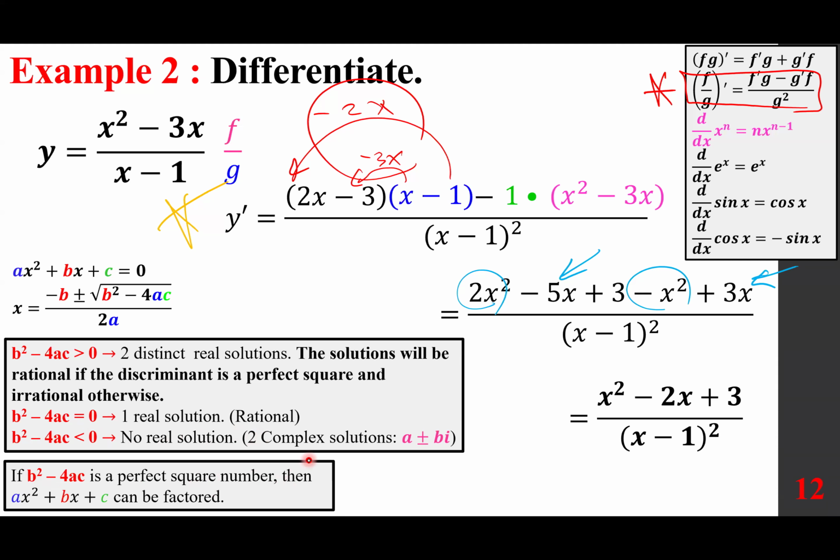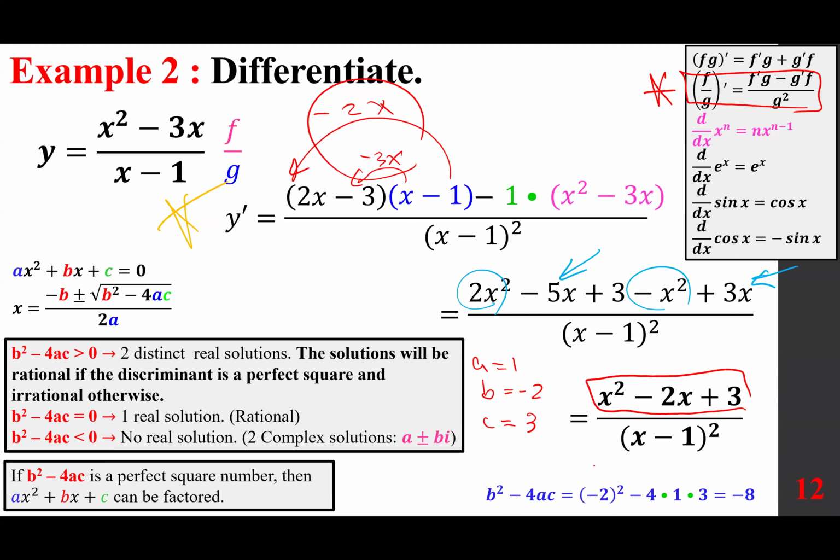So those are pieces of information from algebra. So let's take a look at the numerator. The numerator, a equals 1, b equals -2, c equals 3. B squared minus 4ac means -2 quantity squared minus 4 times 1 times 3.